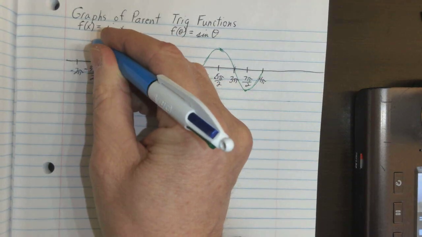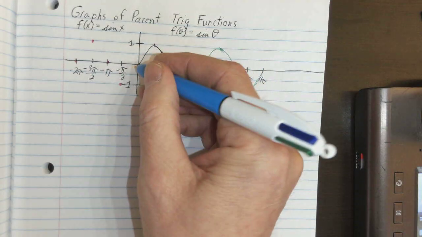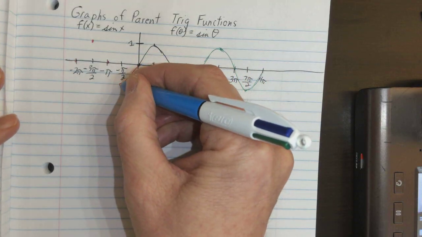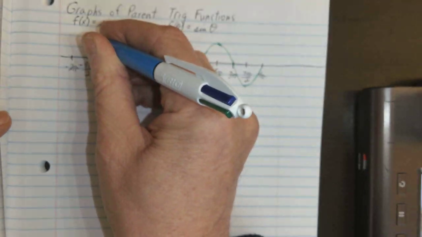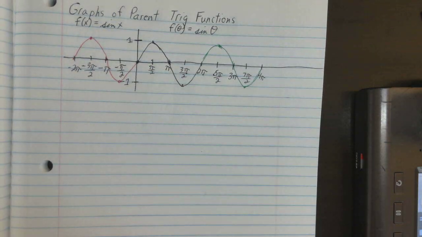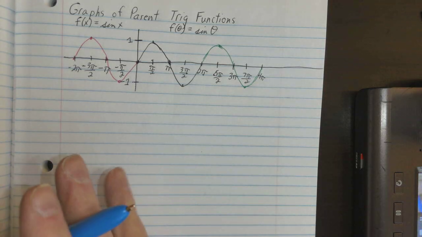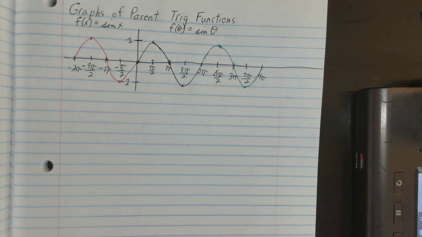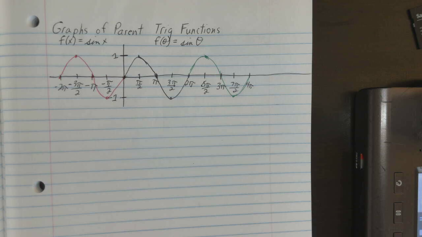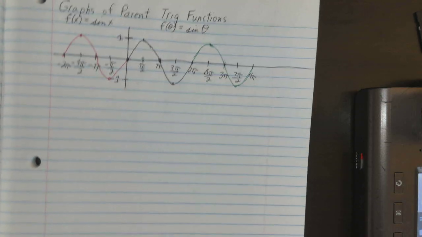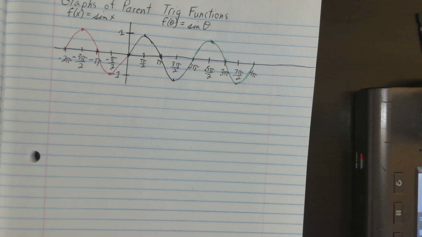At negative 3 pi over 2, that's up here, we would be at 1. And negative 2 pi would be back at 0. So we kind of go like this. And so this is just the parent graph of the sine function.